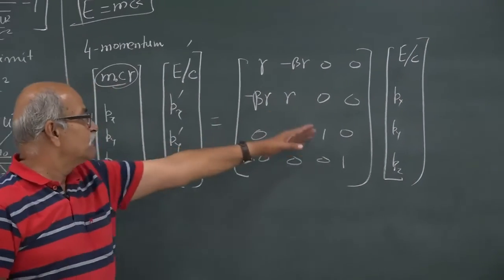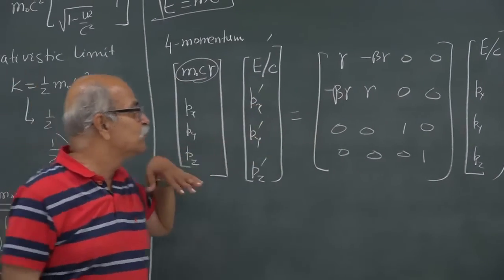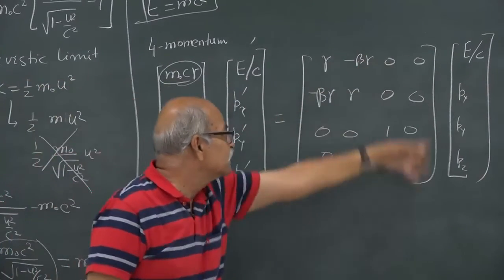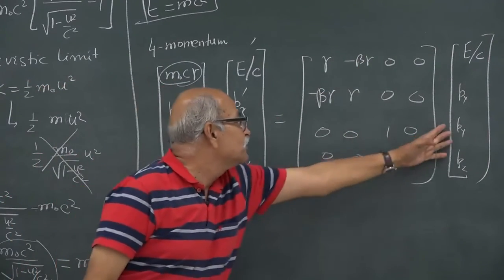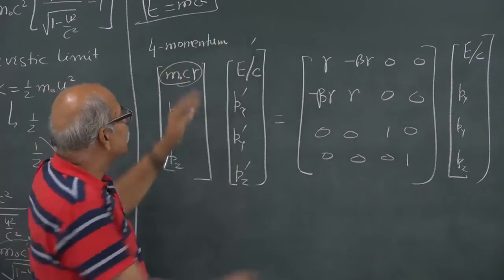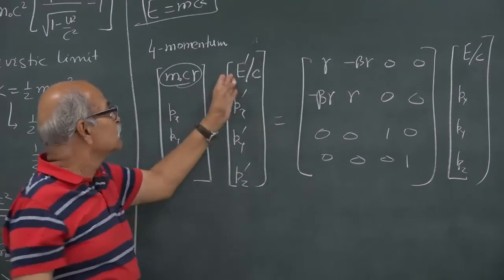So, this is how they will transform. If your frame is moving along the x axis, you know how to write Px prime in terms of these, Py prime will be equal to Py, Pz prime will be equal to Pz, and how to write this E prime in terms of these.